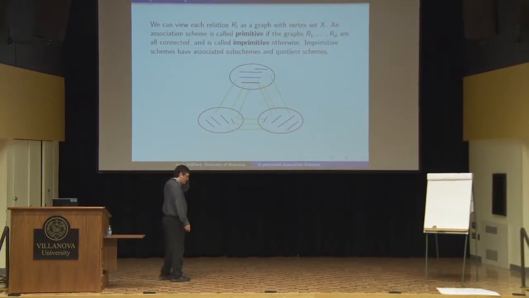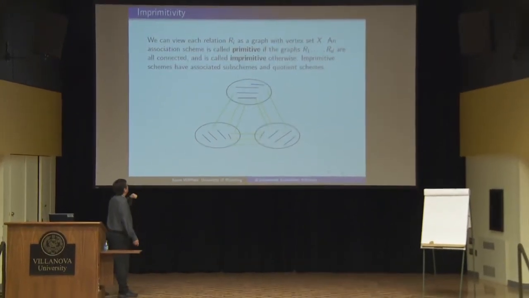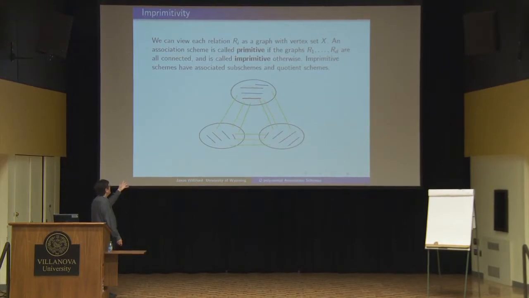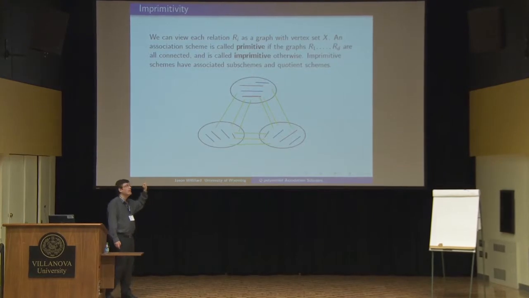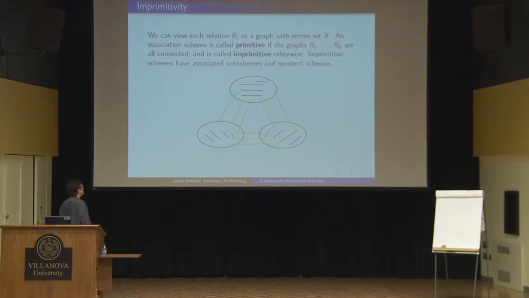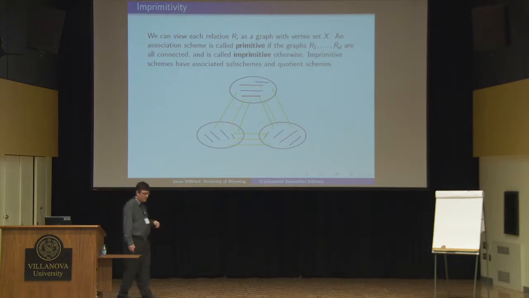A quick word on imprimitivity. Since all these are symmetric relations, we can just think of them as graphs if we want. If any of the graphs, except of course for the loops, are disconnected, then we call the scheme imprimitive. Imprimitive schemes are naturally, in some sense, built from smaller schemes.